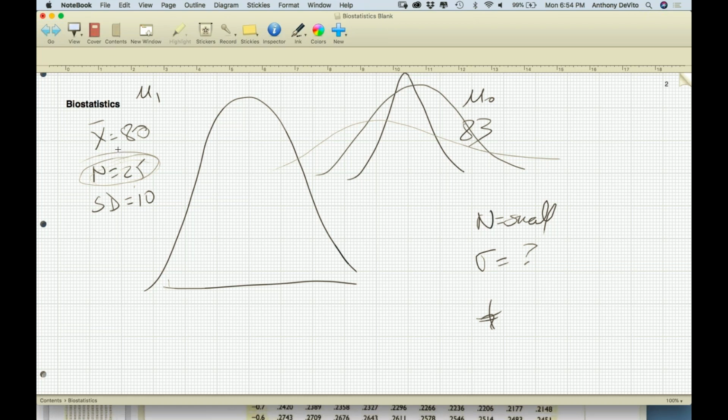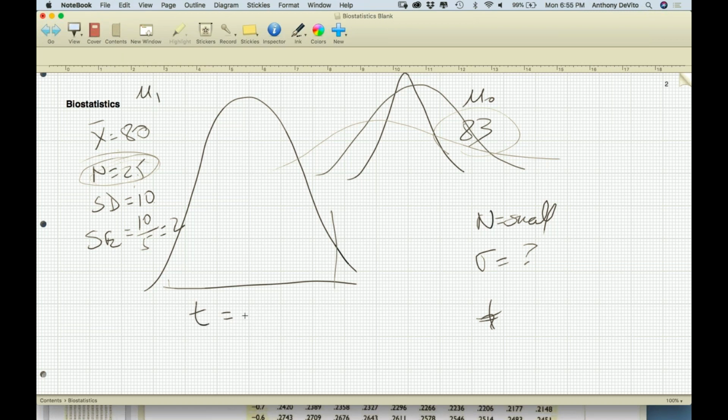Let's see, the mean is 80. The sample size is 25. Standard deviation is 10. The standard error this time is going to be equal to 10 over the square root of 25, which is 5, which is equal to 2. Okay, so now let's take a look at that value 83. Let's see, where's that going to put me? Right, so the T value is equal to... I'm looking for how many standard deviations apart are these things?